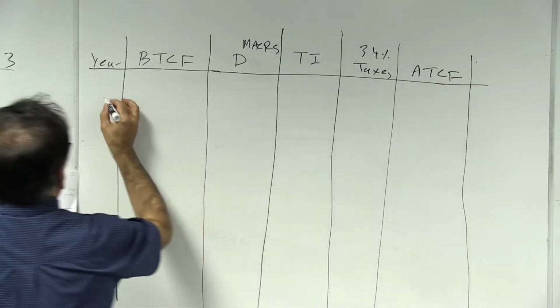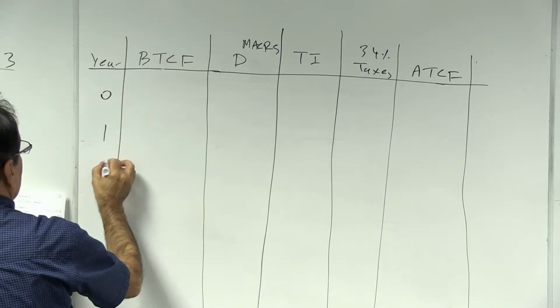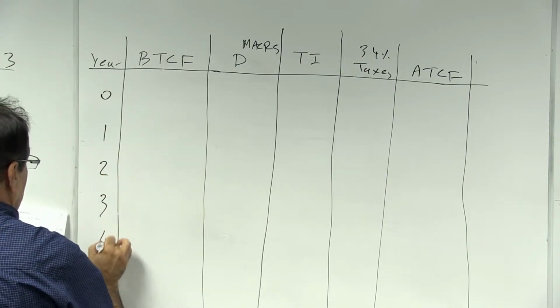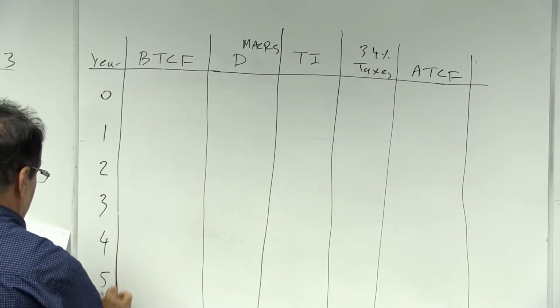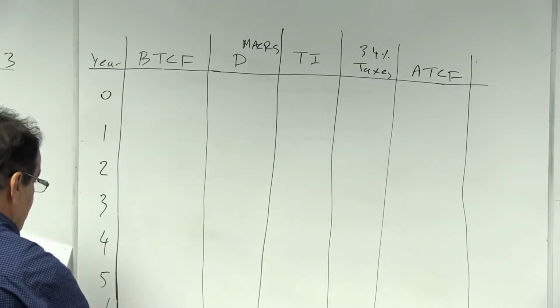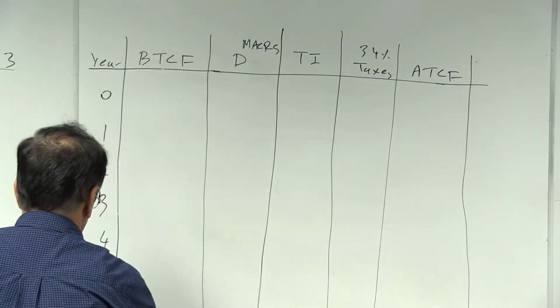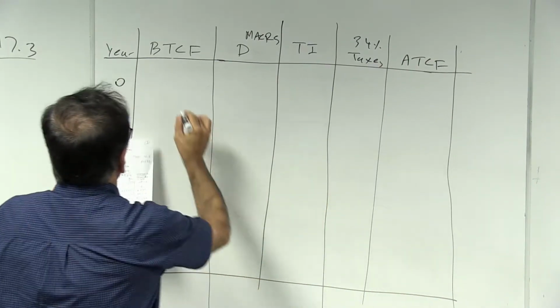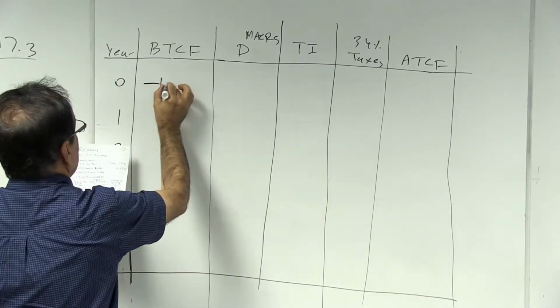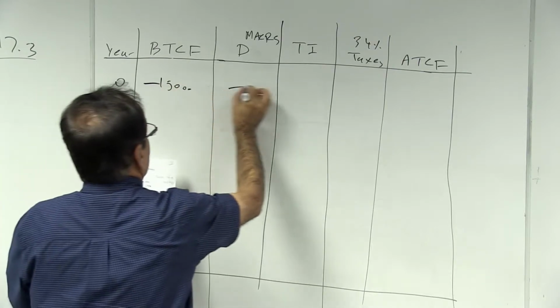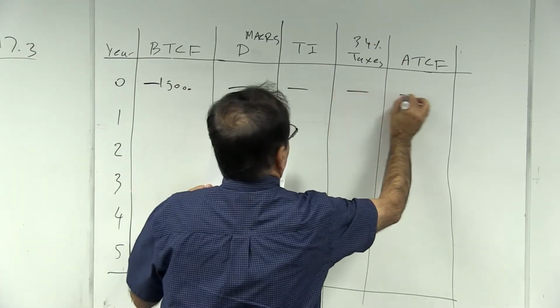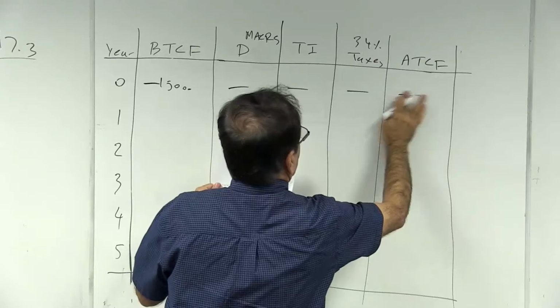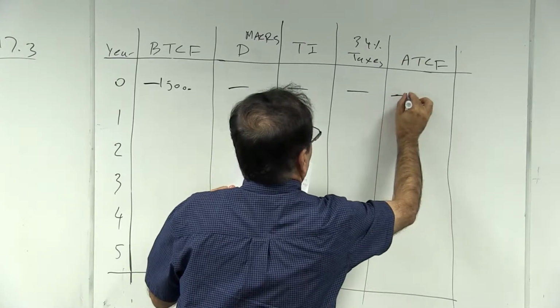So this is year 0. 1, 2, 3, 4, 5. We have only 5 years. So we're going to have initial cost 15,000. There's nothing here. So actually this one should be negative 15,000.